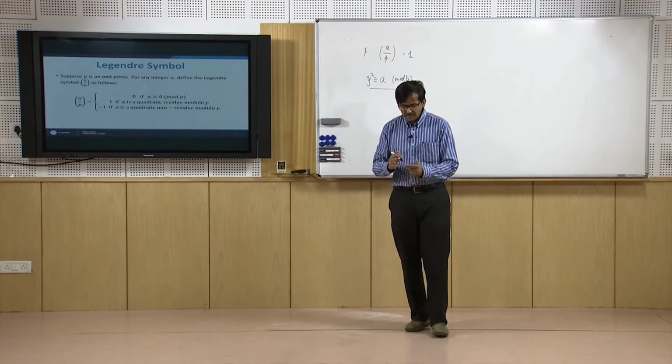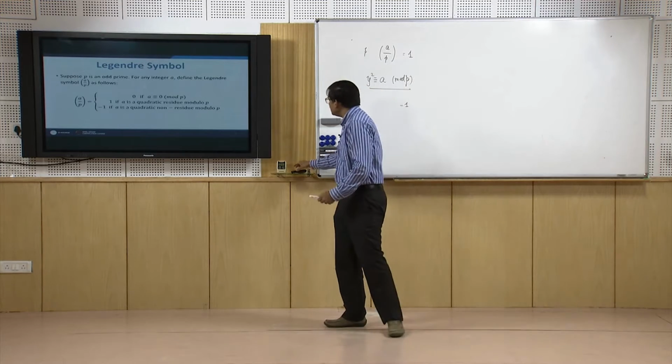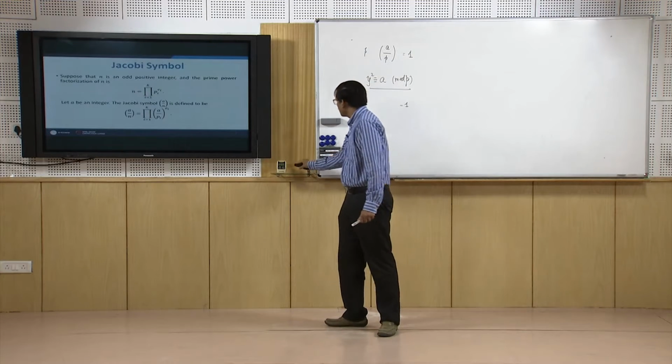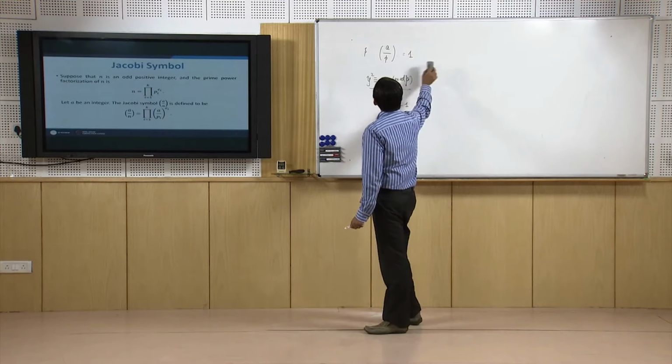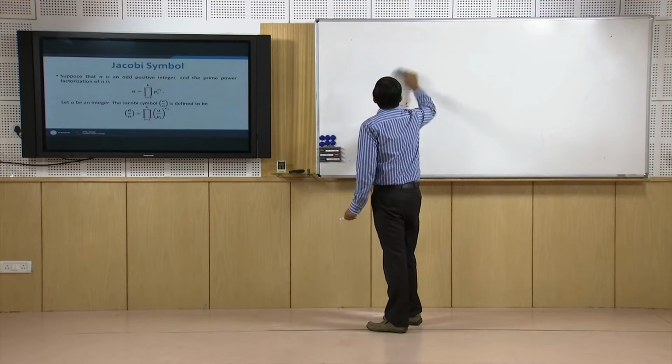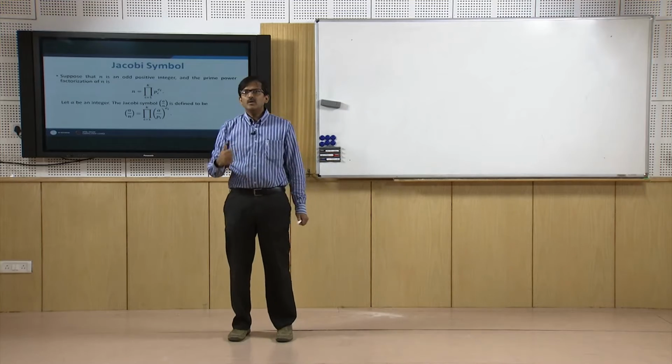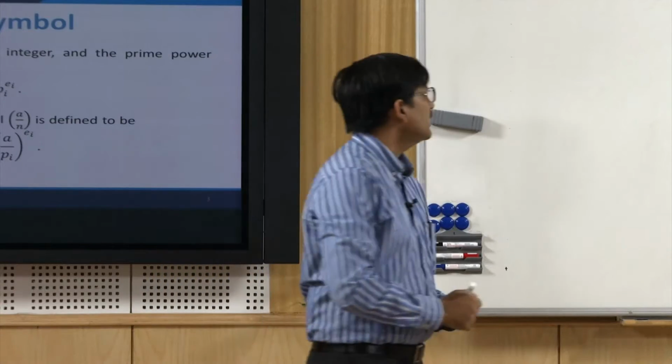This is what we have studied, and we have also studied Jacobi symbol. For that, first we need an odd positive integer n.